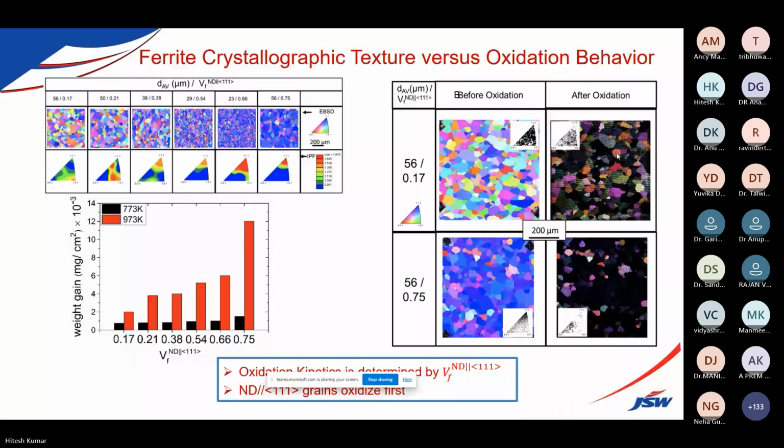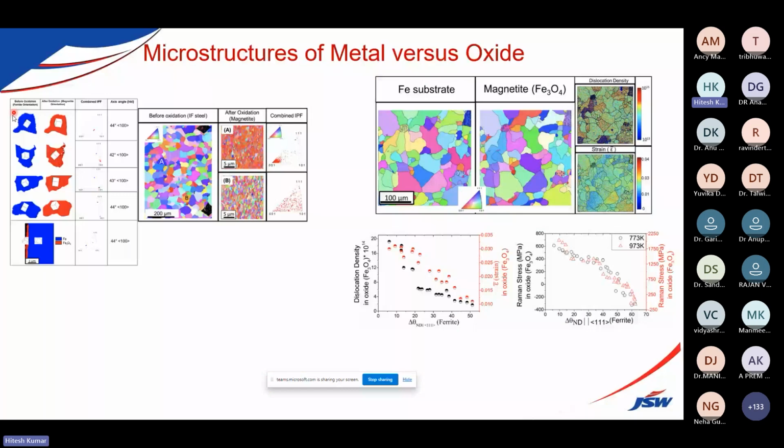So to confirm that, we increased the temperature a bit higher, to 500, and what we observed is that one single grain of ferrite is covered with one single grain of magnetite. And parallelly, there is an orientation relationship, that is 45 degree 100.